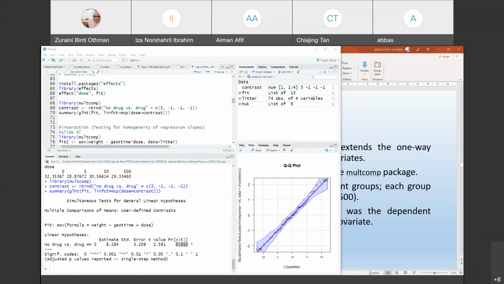So we can see that there is a significant value for no drug versus drug by comparing these two.